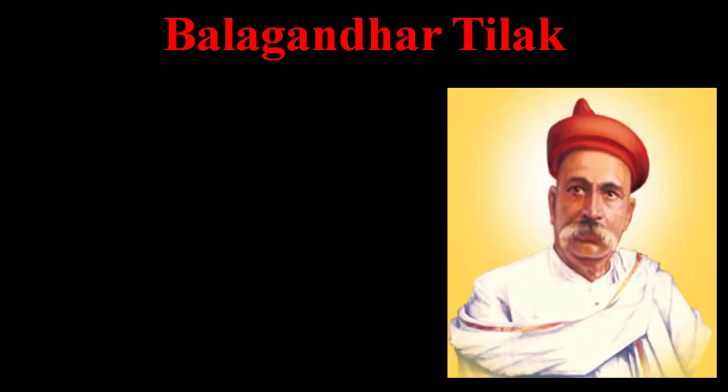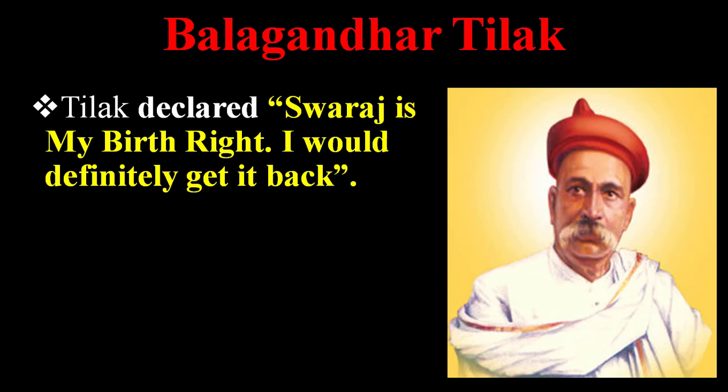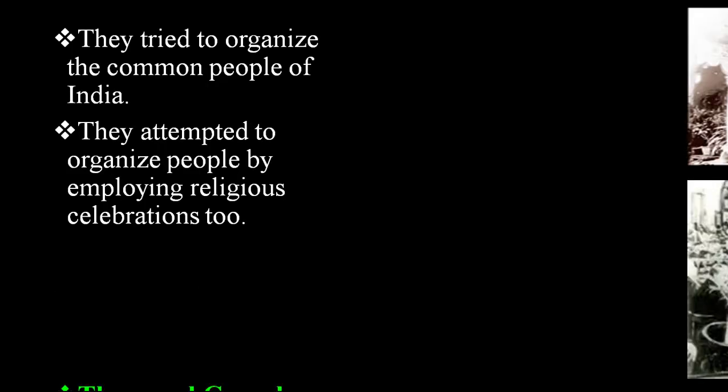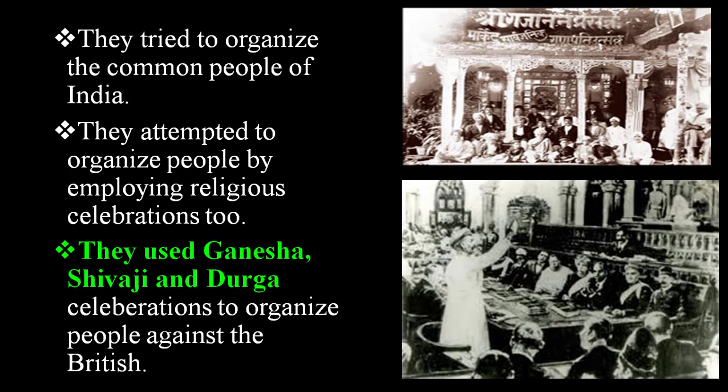Among the radicals, one very important person was Bal Gangadhar Tilak. Tilak declared, Swaraj is my birthright and I shall have it. Attaining complete freedom was the aim of the radicals, so they tried to organize the common people of India.